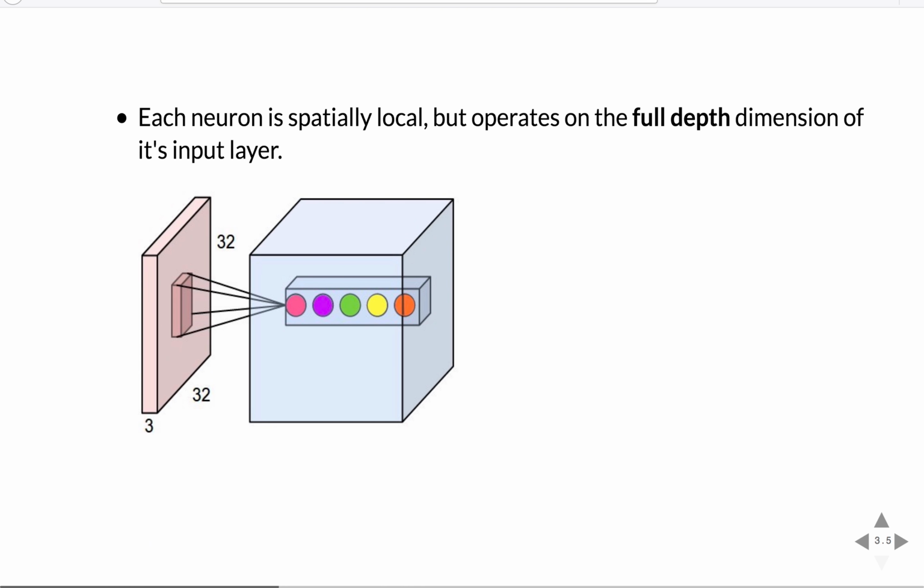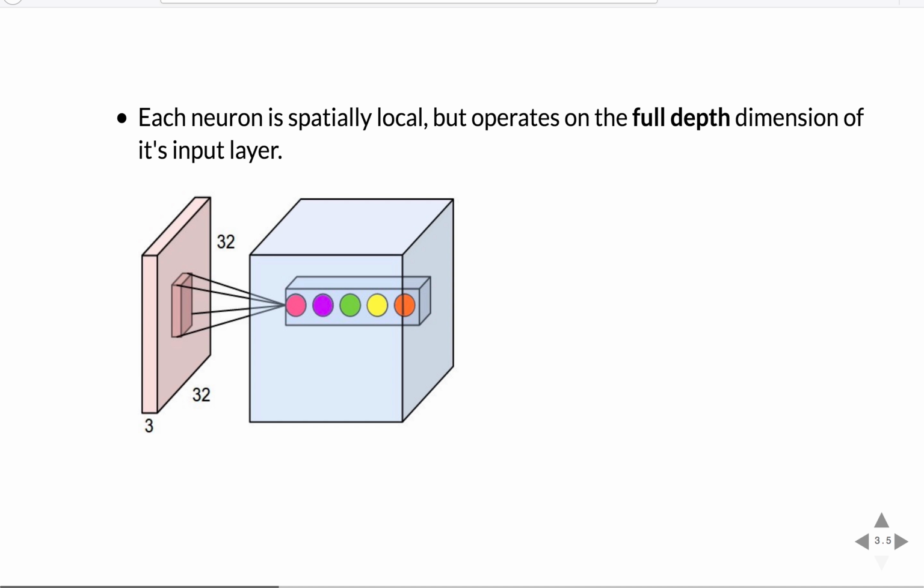Okay, so another very important thing to remember. Each neuron here is spatially local, but it operates on the full depth dimension of its input volume. So here let's look at these 5 neurons that are in different depth slices. Because they're in the same spatial location but in different depth, they're looking at the same spatial region in the input.